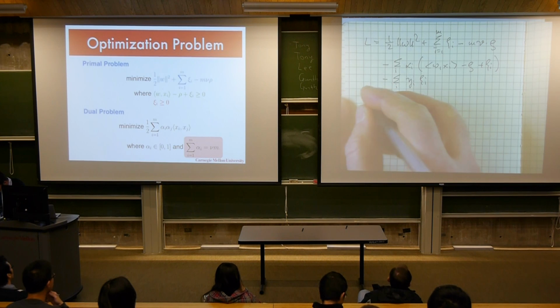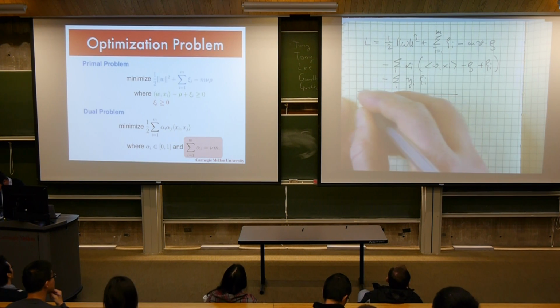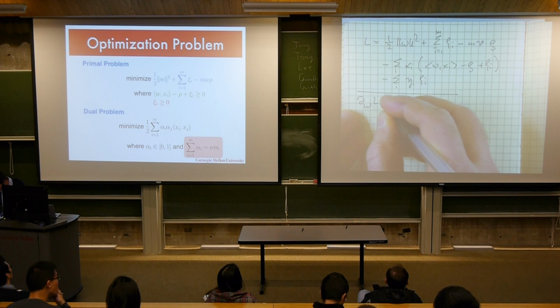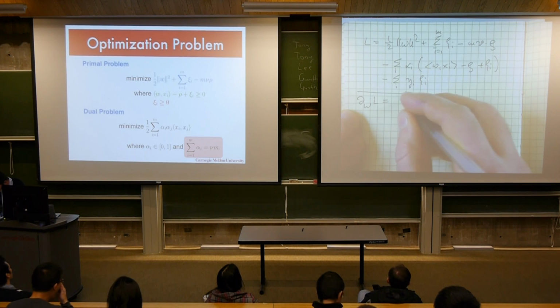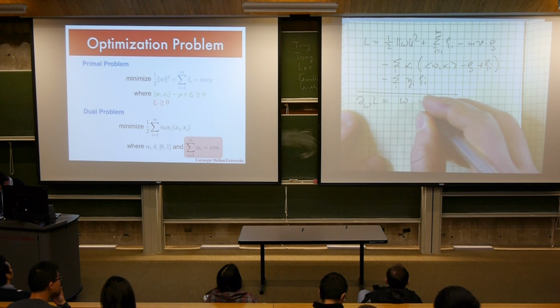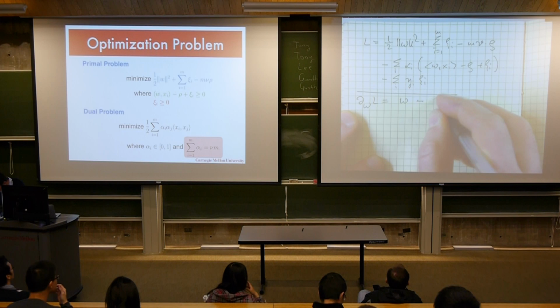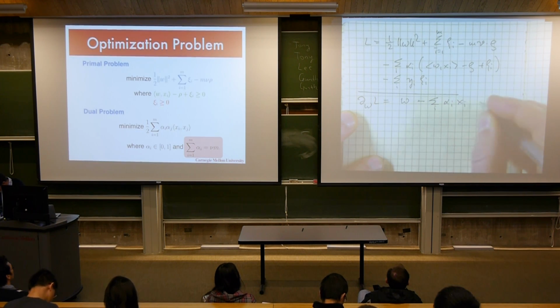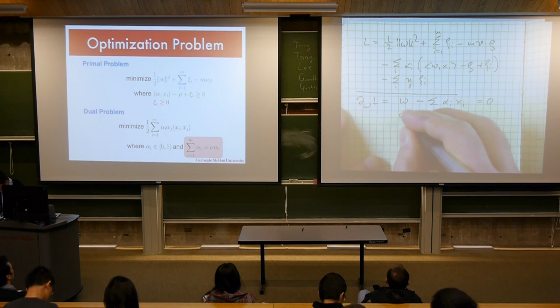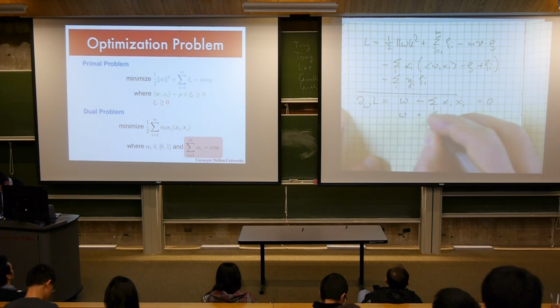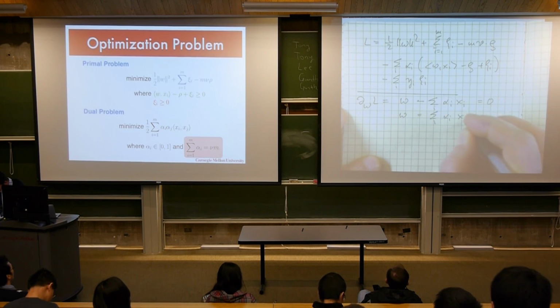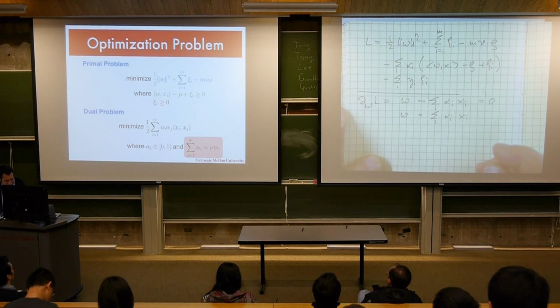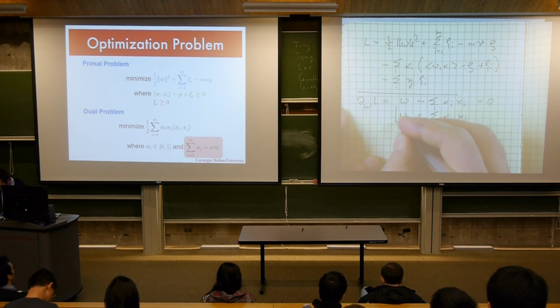Okay? So now all we have to do is take derivatives. So the derivative with respect to w of L equals w, and then we have minus sum over i alpha i xi, and that's about it, equals 0. So therefore we have w equals sum over i alpha i xi. Right? This is the support vector expansion.